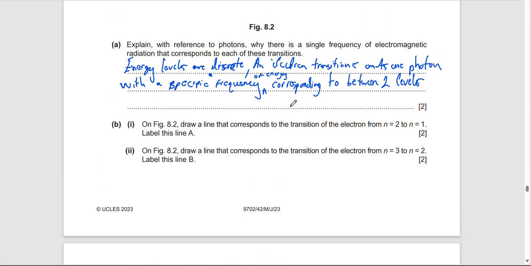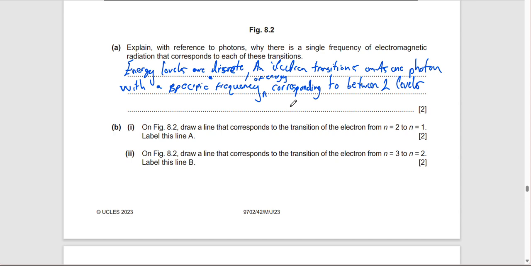All right. And for the second mark, you have to write that the energy of the photon corresponds to exactly one frequency of radiation.